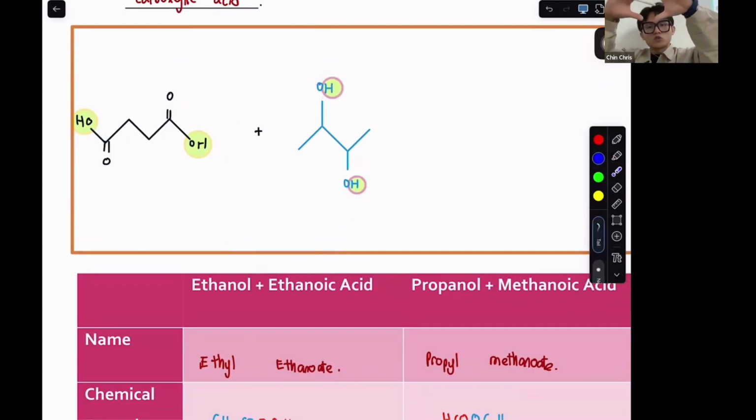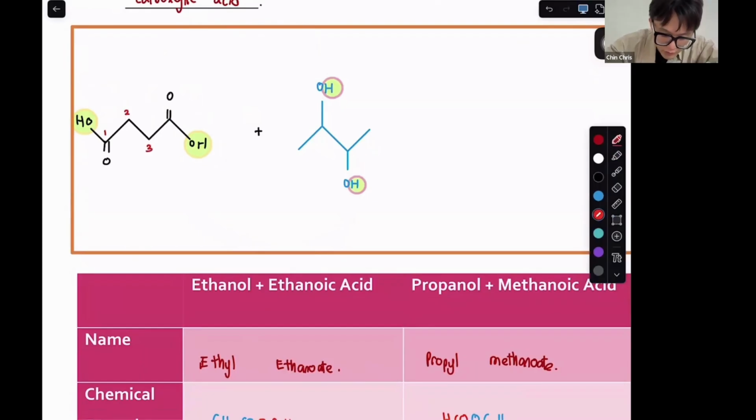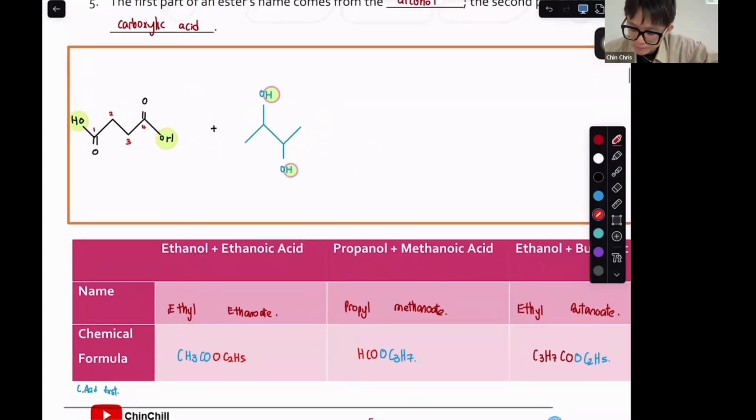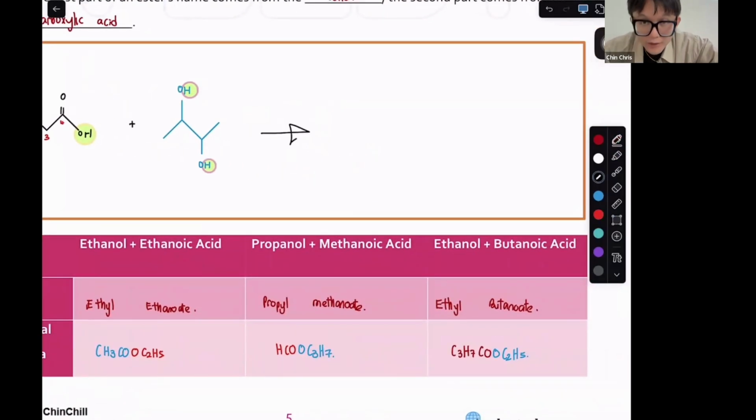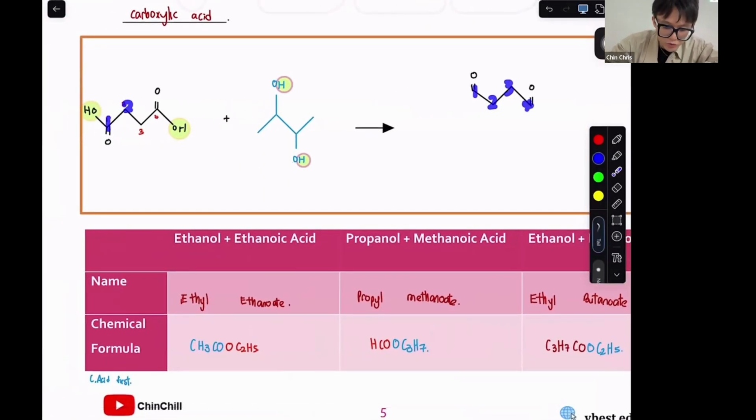So you draw a ring that joins them up together. First I draw this out. I start counting the carbon numbers 1, 2, 3, 4. I will start drawing 4 carbons first: 1, 2, 3, 4. Double bond O, double bond O. Correct or not? That's it.